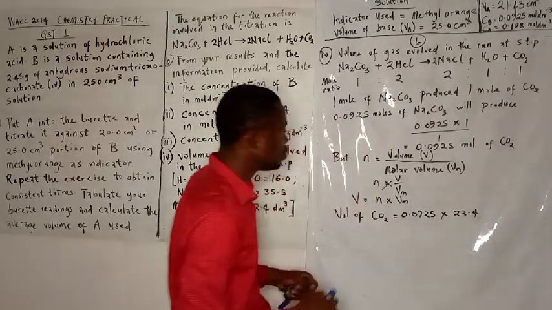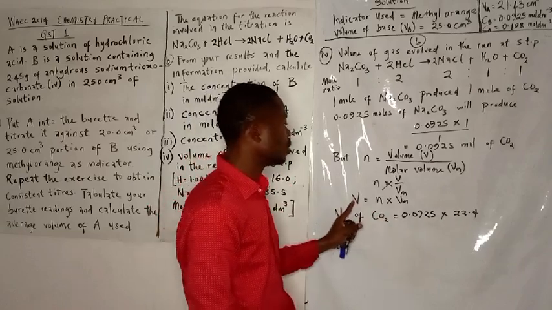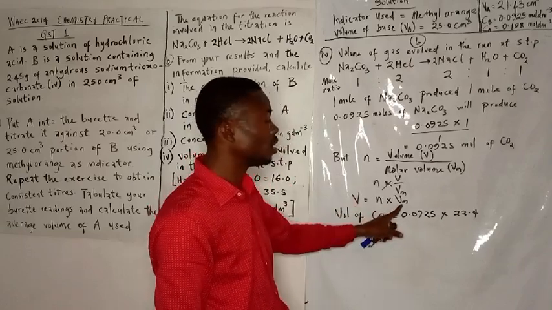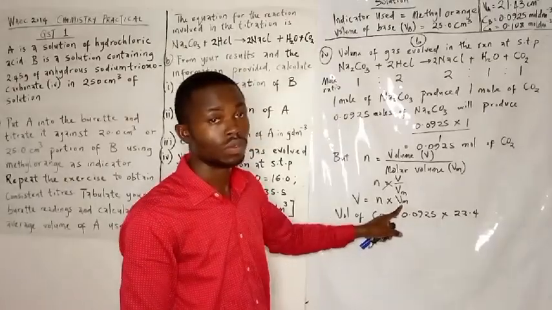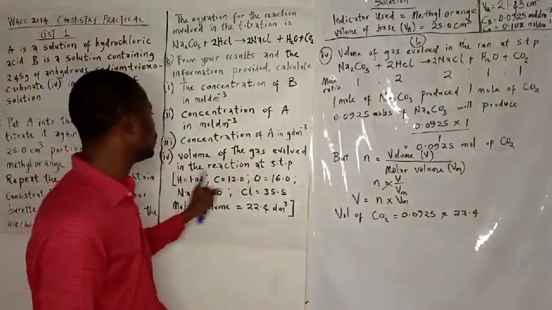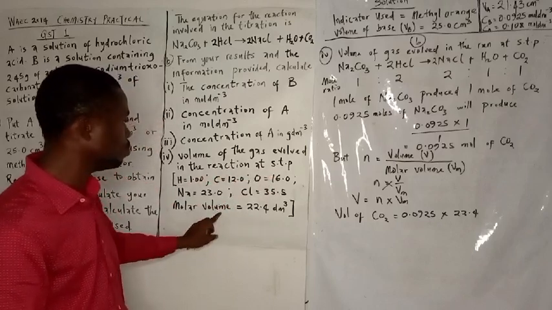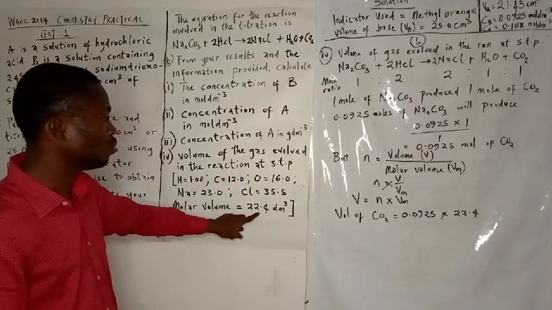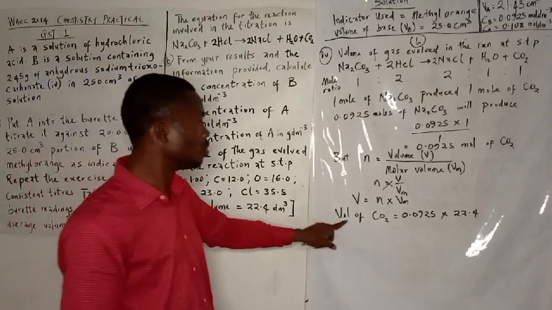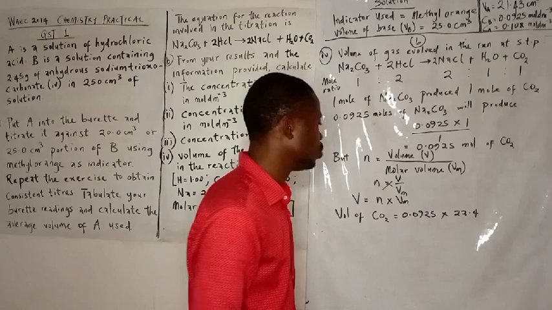Remember that why we use 22.4 is that at STP, a gas occupies 22.4 dm cube. And that's why the question said, calculate the volume of the gas involved in the reaction at STP. So the molar volume at STP is 22.4 dm cube.